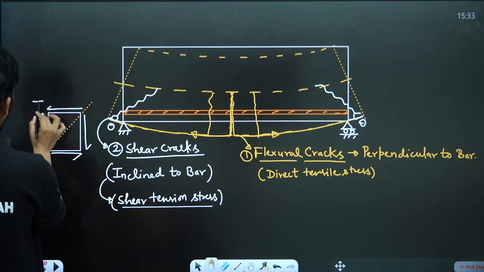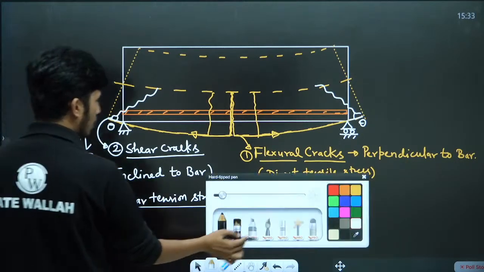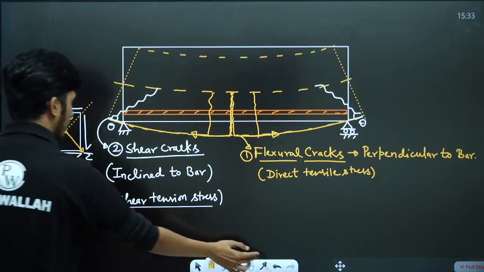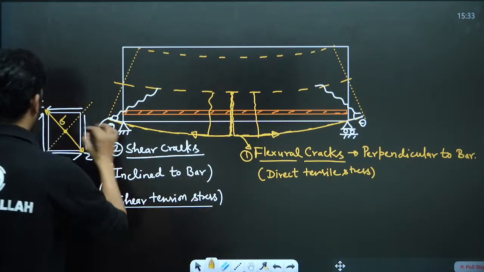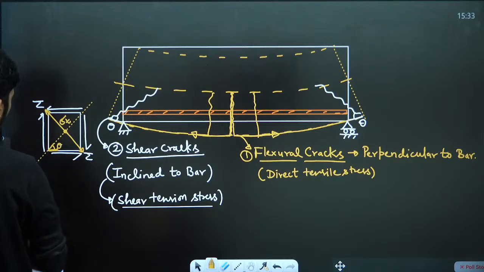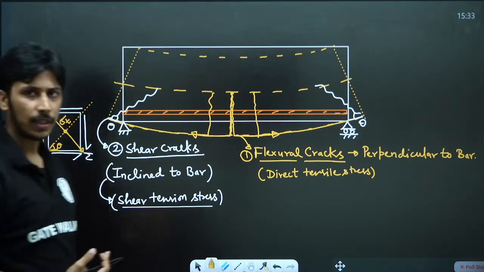If this is tau, this is the pure shear condition, so this diagonal will have the tensile stress like this. This is also known as the major principal stress, sigma t. So due to this tensile stress, there will be some crack at the angle theta, and this angle theta depends upon the principal plane. So in the pure shear concept, you have also seen.